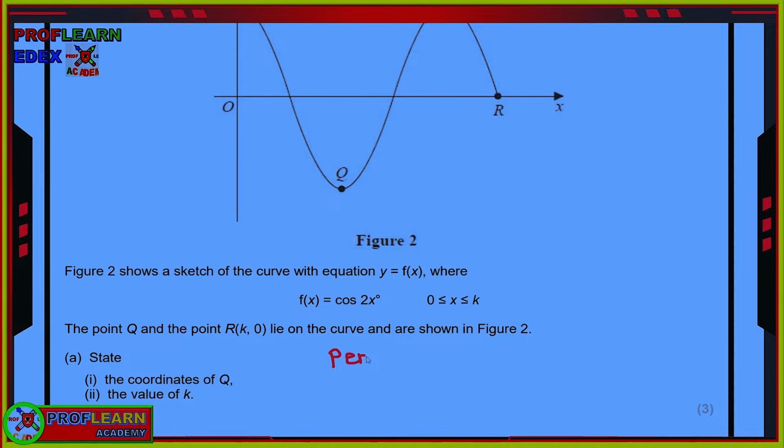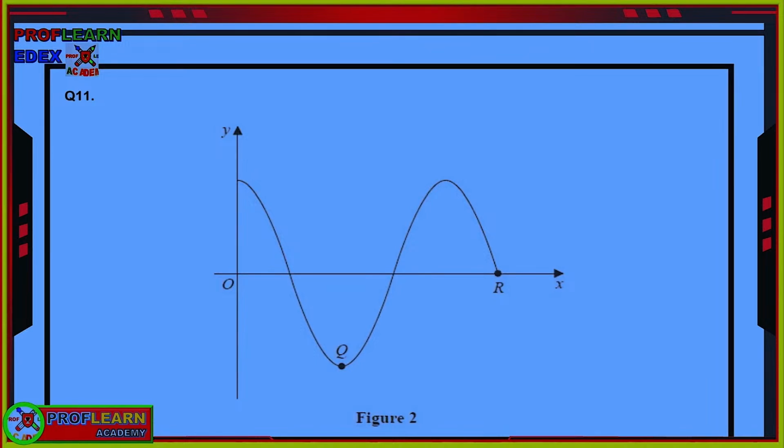The period of a cosine is usually 360 divided by the coefficient of x. The coefficient of x here is 2, so we shall divide by 2. So the period of this function is 180 degrees. It's going to make a complete wave at 180 degrees.